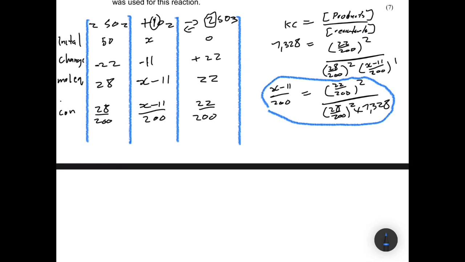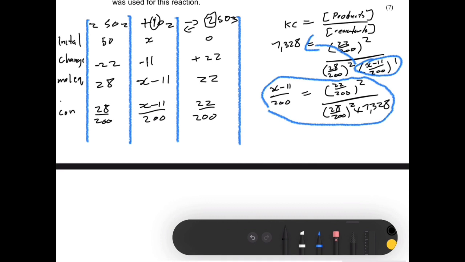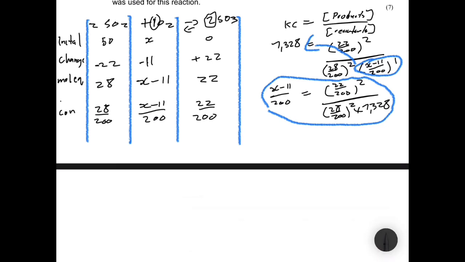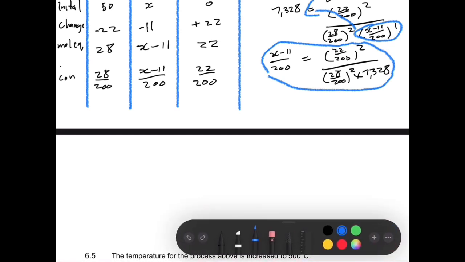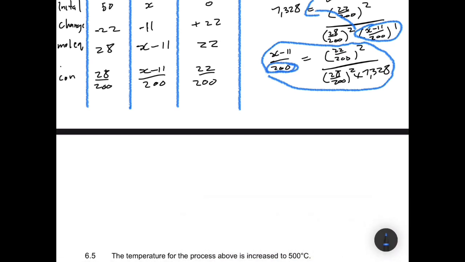So every time you're solving a question like this in Kc, you can just take a term in the denominator and swap it with the term on the other side of the equation, right? It's true. And then from here, let's multiply both sides by 200 so that we can get rid of this 200 here.